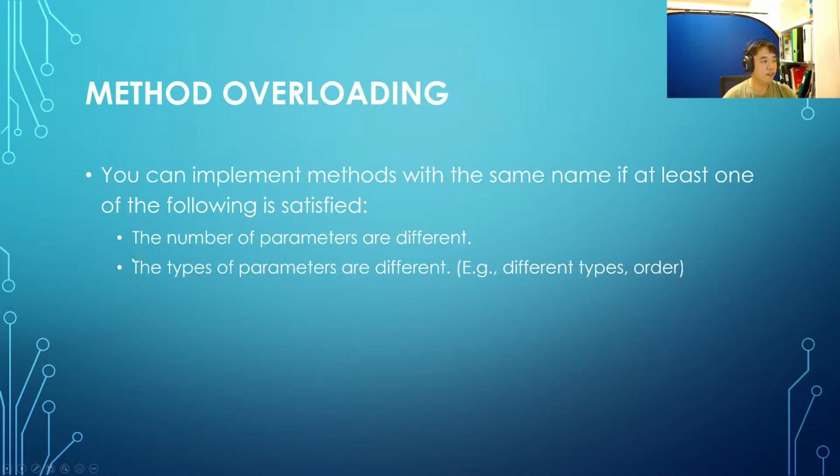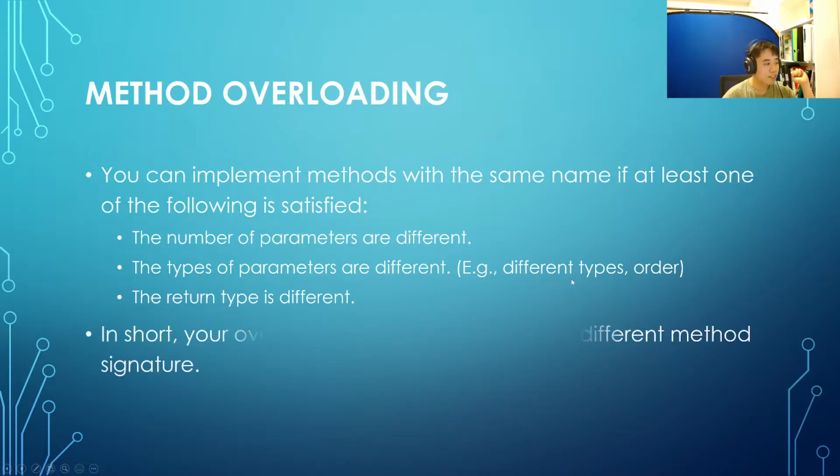Or the types of parameters, even though they have the same number, are different. So you may have a different order of the types or different types that you want to use. That's fine as well. And also, if the return type is different. I had no idea that you can actually overload a method with different return types, but now I know.